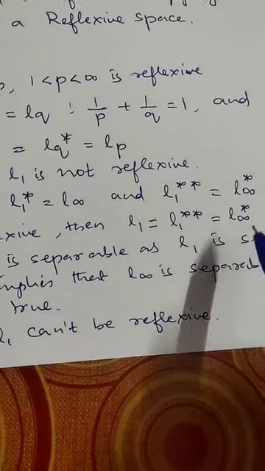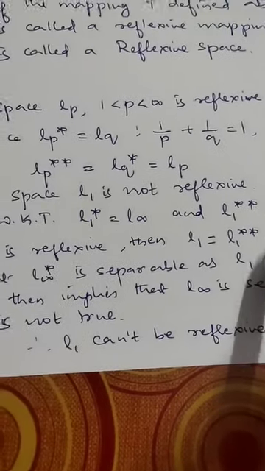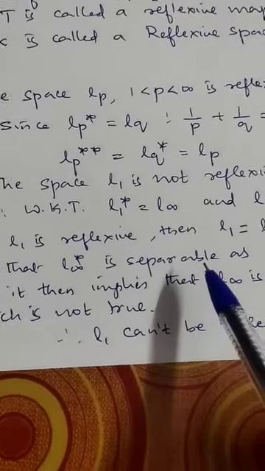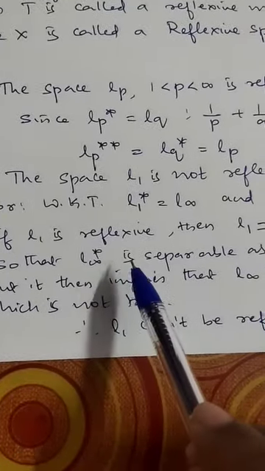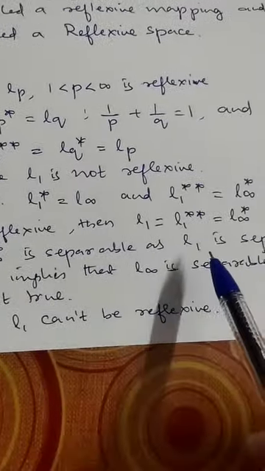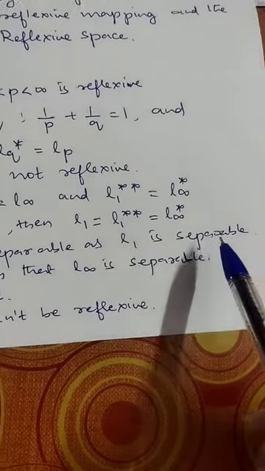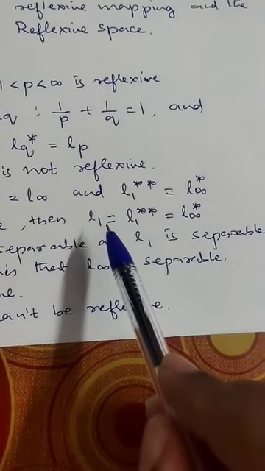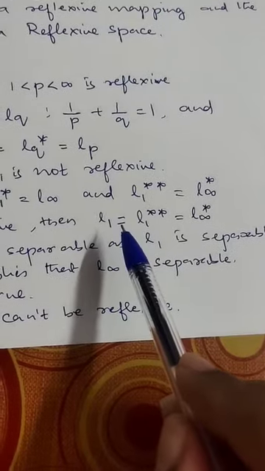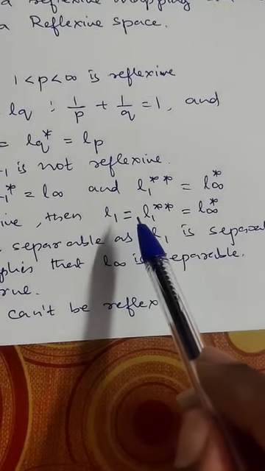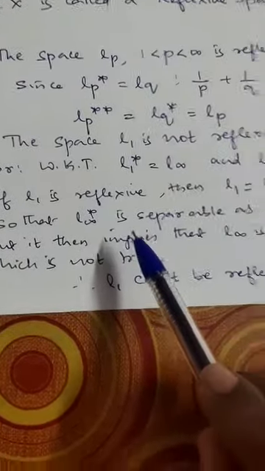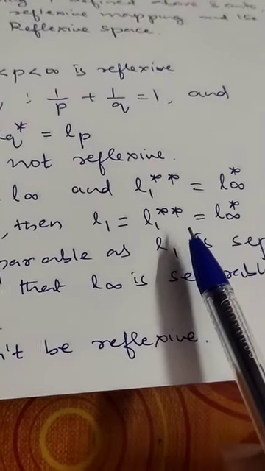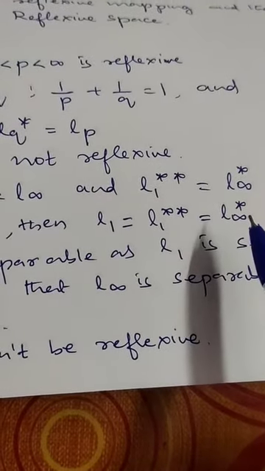And now you know that L1 is separable. If this is true, then what will happen? Look at this: L1 is equal to L1 double star, that's equal to L infinity star.